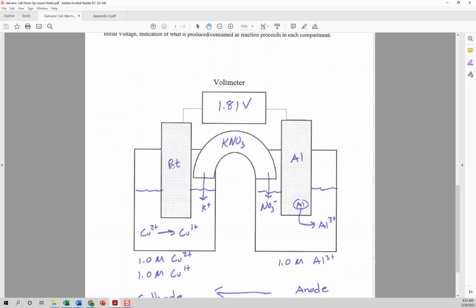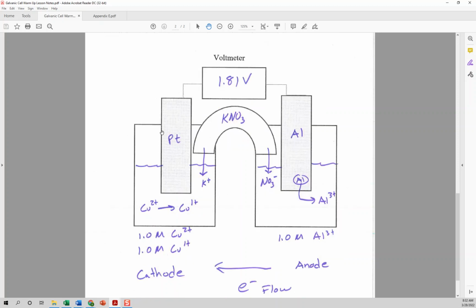So remember, when in doubt, when you don't have a solid metal to choose from in your half reaction, you choose platinum, because platinum's not going to react with anything, but it is going to allow for the good conduction of electrons. So we're going to make platinum our electrode here. Now you could really make any unreactive, good conducting metal work. So when in doubt, go with platinum, all right?